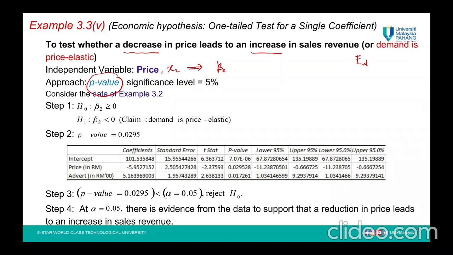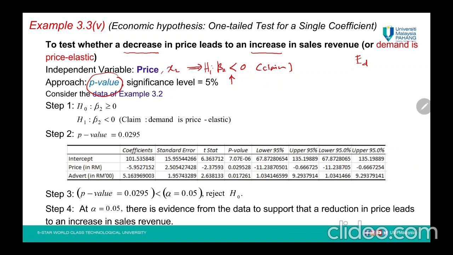So to say that the demand is price elastic, beta 2 here must be less than 0. So this is the claim for the statement. When we look at the statement given, focus on the inequalities here. You can see that there is no equals to, so that's why the statement here is under H1.